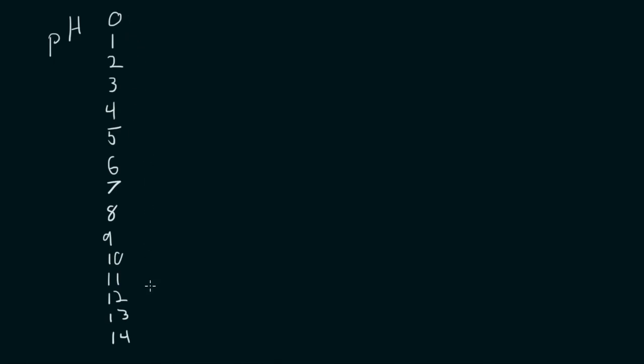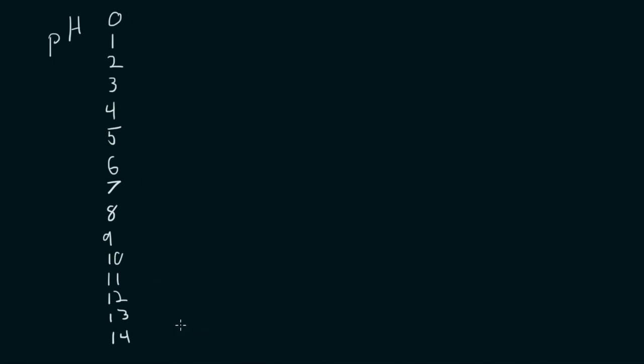So now that we have an idea of these hydrolysis reactions, we can start looking at the actual pH scale. That pH scale represents the power. This P is supposed to represent power of that hydrogen ion, that little proton. The pH scale is a 14-point scale. It goes from 0 to 14.